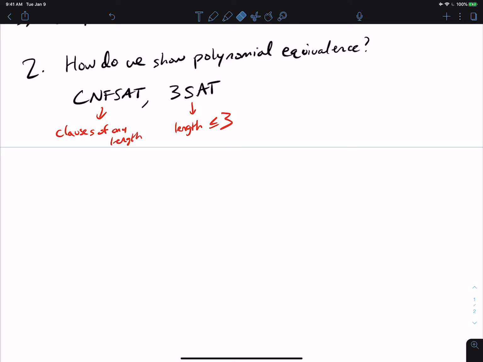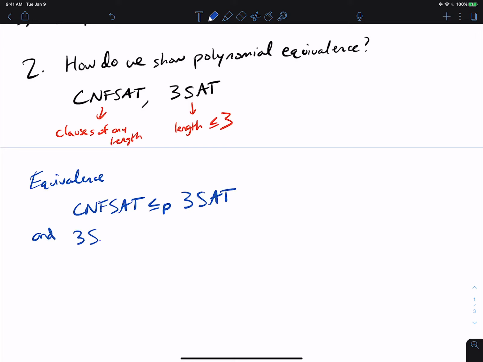So equivalence here in this setting just means that CNF-SAT poly reduces to 3-SAT, and 3-SAT poly reduces to CNF-SAT. So then they are equivalent in a certain sense, up to a polynomial conversion between the two.